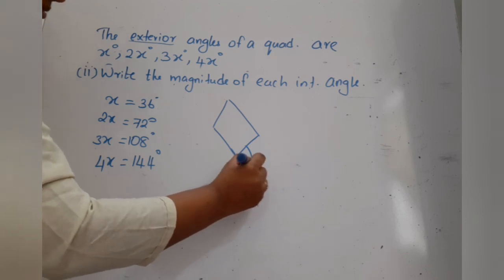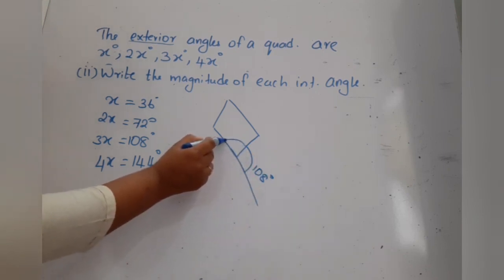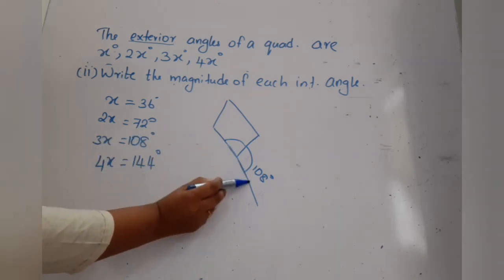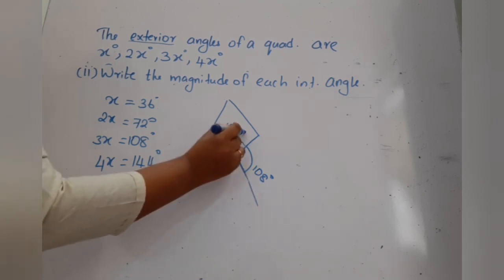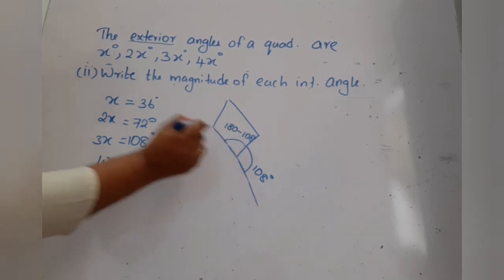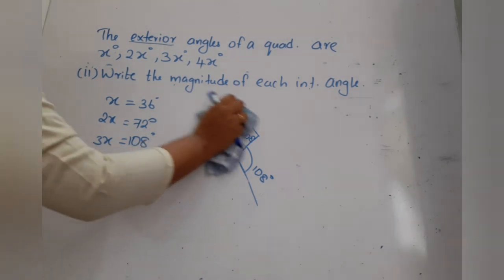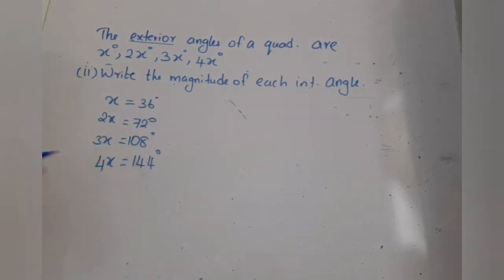If this is 180 degrees, how much will be the interior angle? It lies on a straight line, so you can simply subtract the exterior angle from 180 in order to find its interior angle. Am I right? You don't have to do any other work, you just need to subtract all 4 magnitudes from 180 degrees.